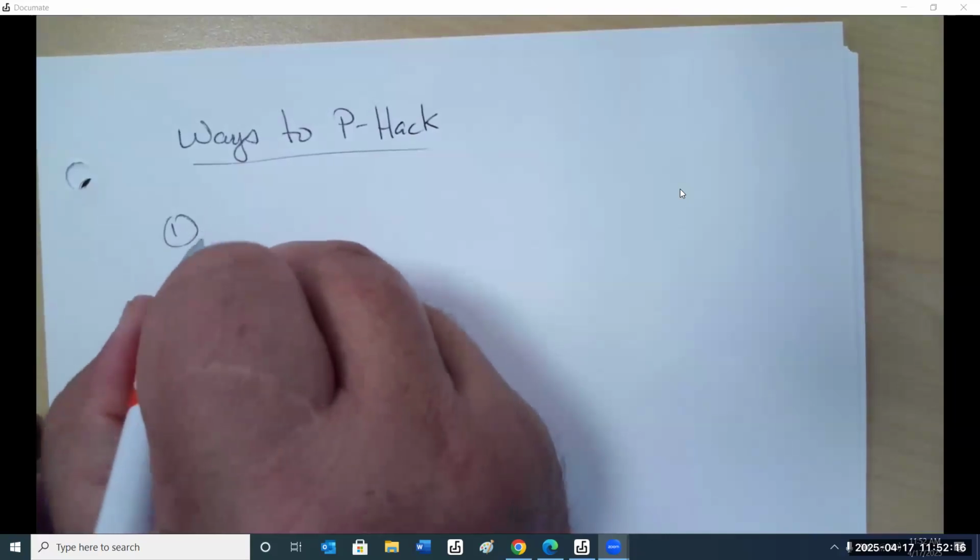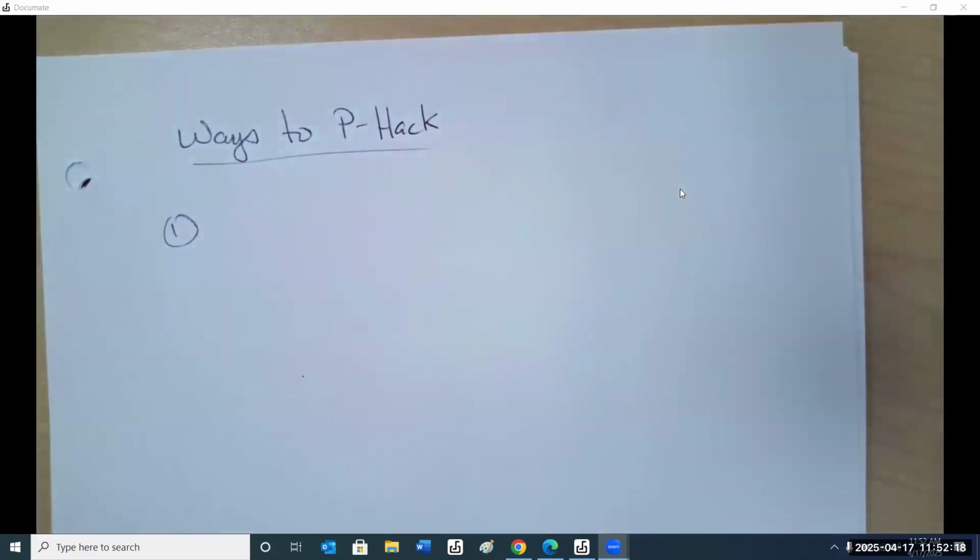One, when you run your experiment and you get the data and you look at it, if it doesn't show what you want it to show, what will you do?